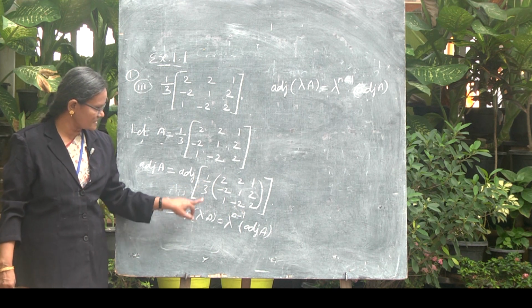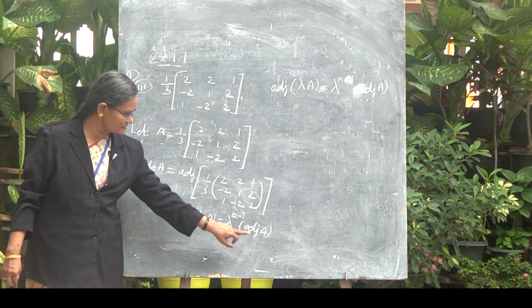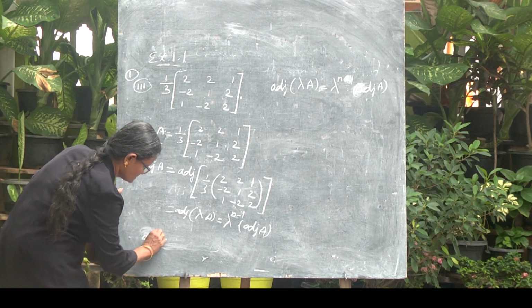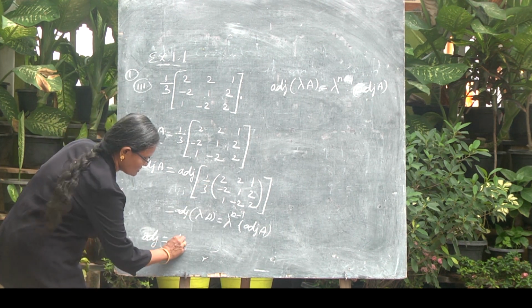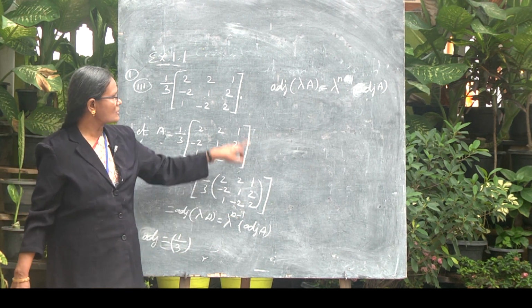The value of lambda is 1 by 3. Substitute the value of lambda in this equation. Here, adj of A is 1 by 3 to the power n minus 1. What is n? That is the order of the matrix.